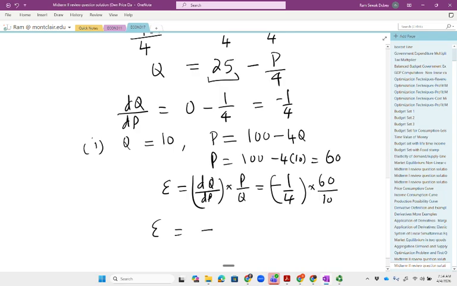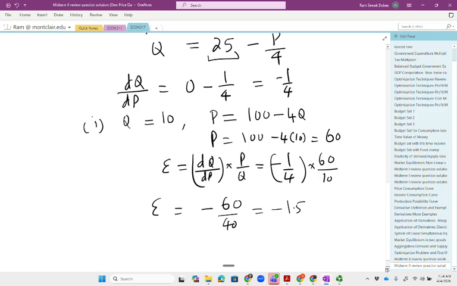This is minus 60 in the numerator over 4 times 10, 40, in the denominator, which turns out to be negative 1.5. Since the elasticity is less than negative 1, demand is elastic at Q equal to 10.